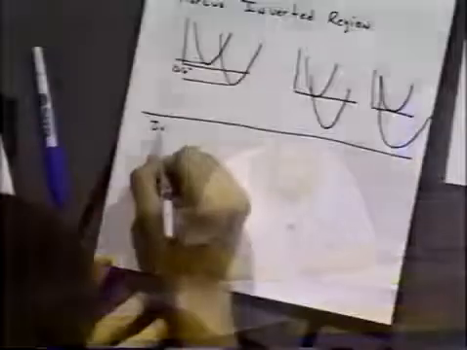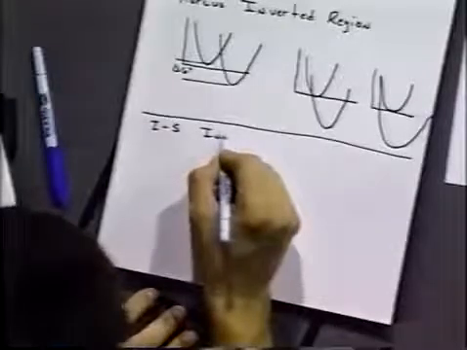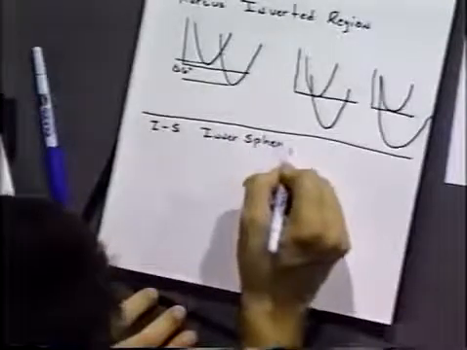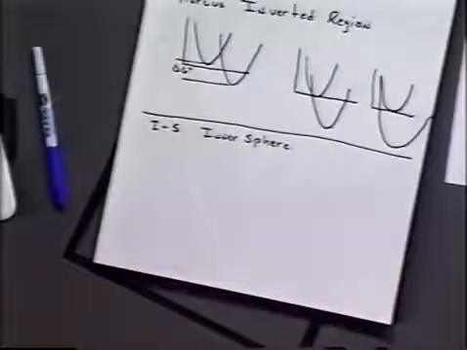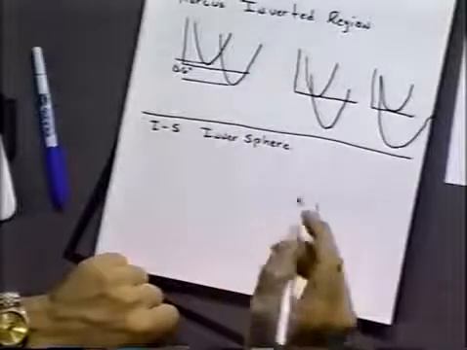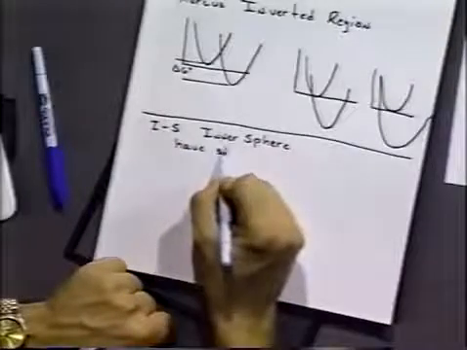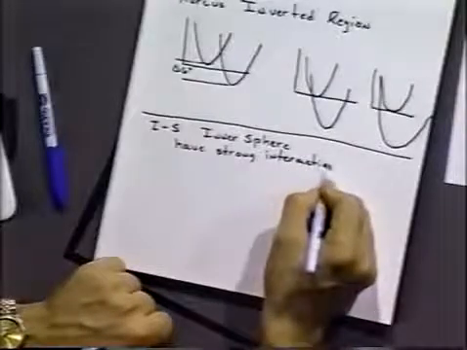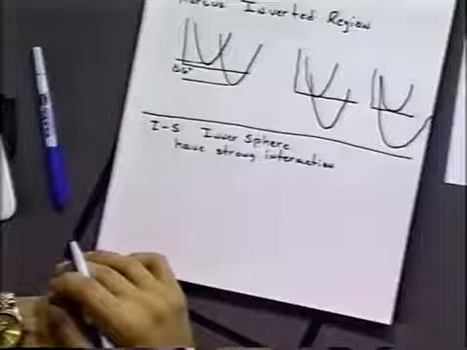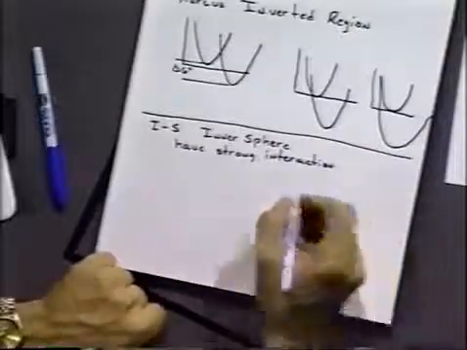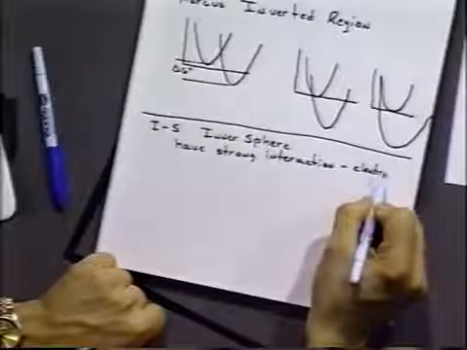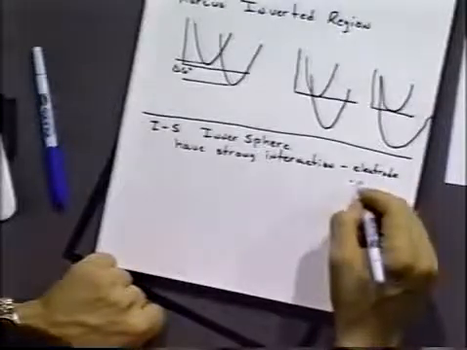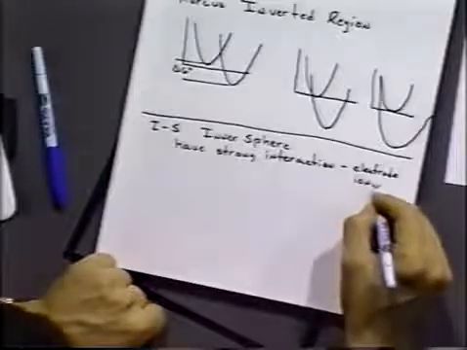The other thing I want to talk about in addition to outer sphere reaction is an inner sphere reaction. Unlike outer sphere reactions, inner sphere reactions have strong interactions between the reactant and product, or in an electrochemical sense, between the electrode surface and the material, the electrode and ion or molecule.